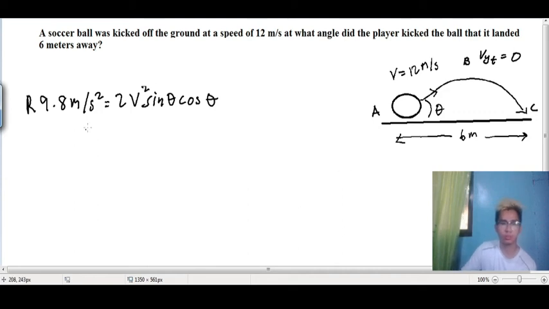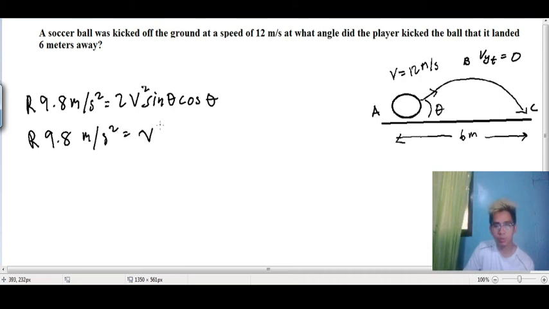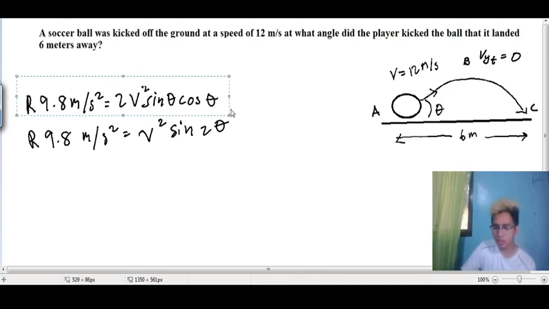So we have v squared sine 2 theta, so we have now the equation that we need.